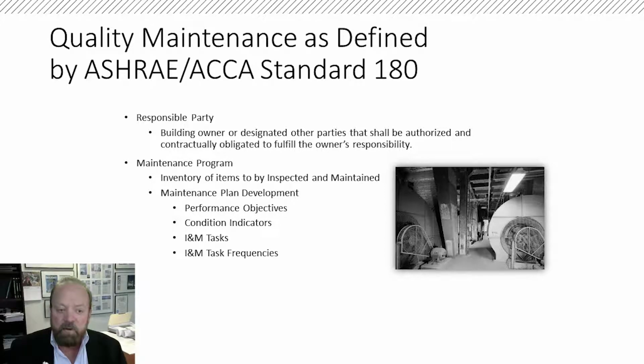The maintenance program is developed first by taking an inventory of the items to be inspected and maintained, and then you start your maintenance plan development. You come up with performance objectives, condition indicators, inspection and maintenance tasks, and inspection and maintenance task frequencies.